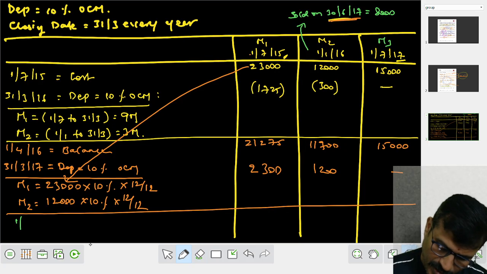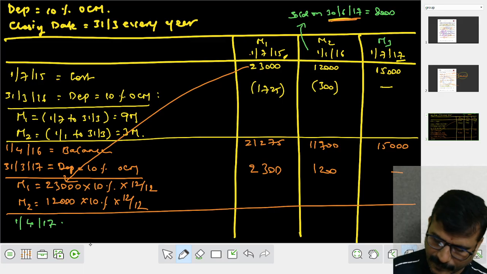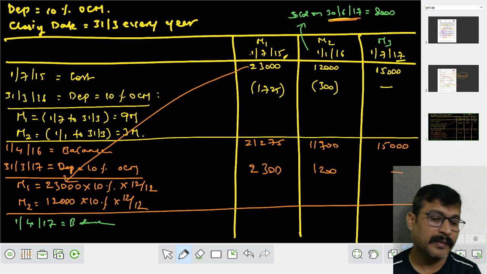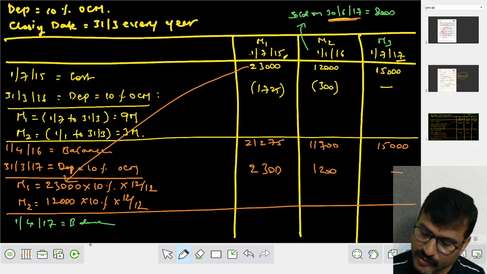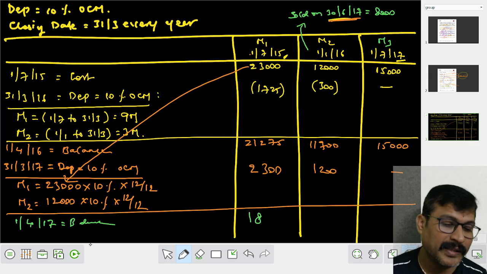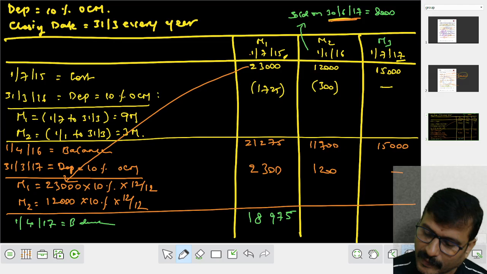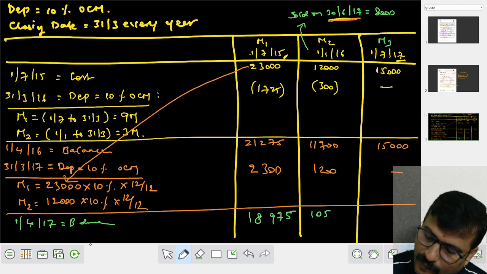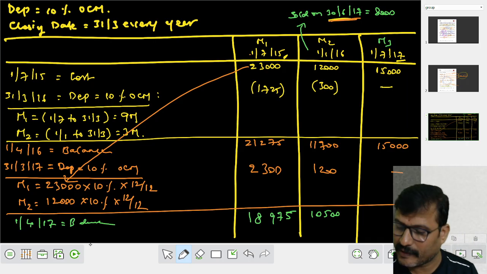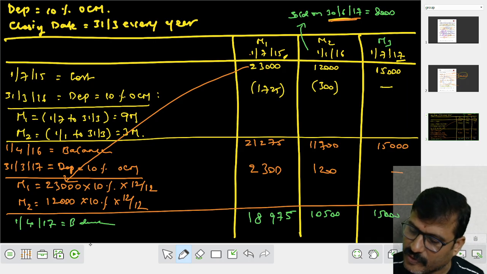The balance comes on 1st April 2017. Balance is how much? It comes to 18,975. This one comes to 10,500. The last machine is 15,000.